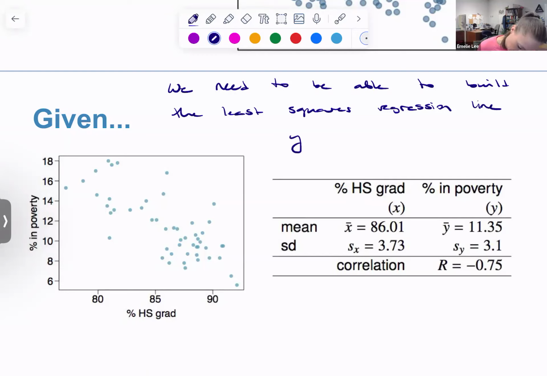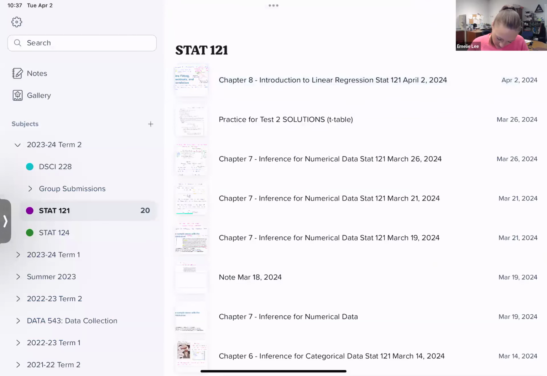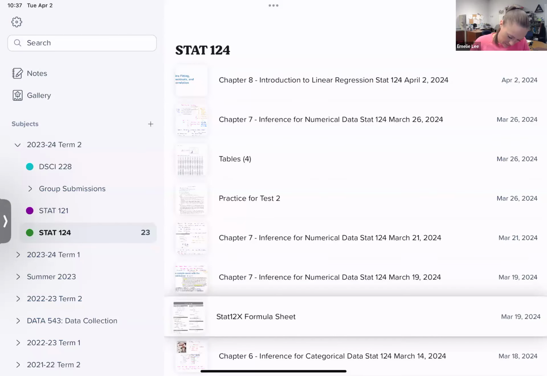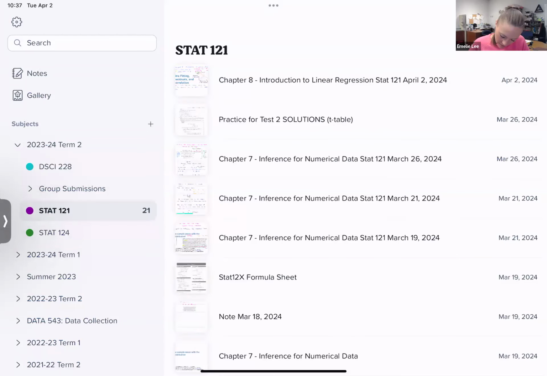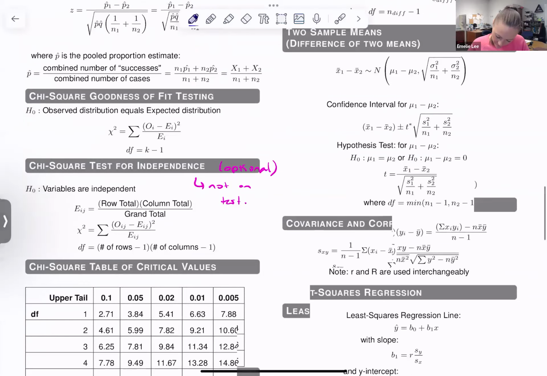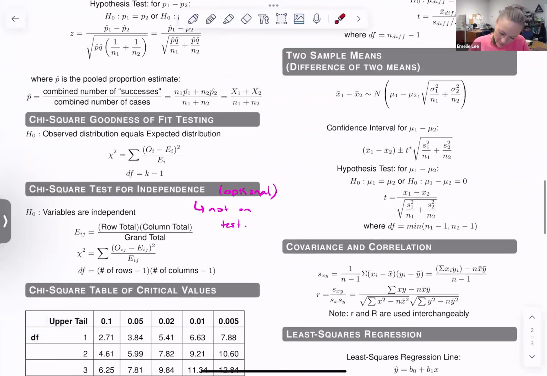Which looks like this. Y hat is B0 plus B1x. Now, this is where we're going to go to your formula sheet, because of course it's on there. Two sample means we did last Monday, right?